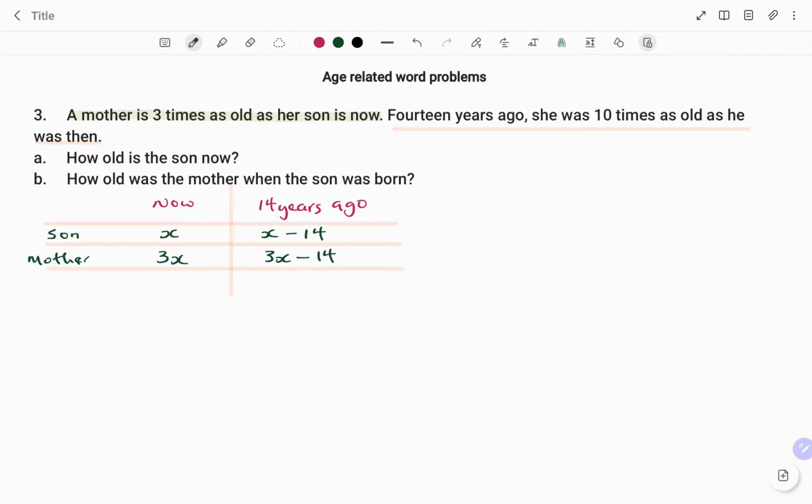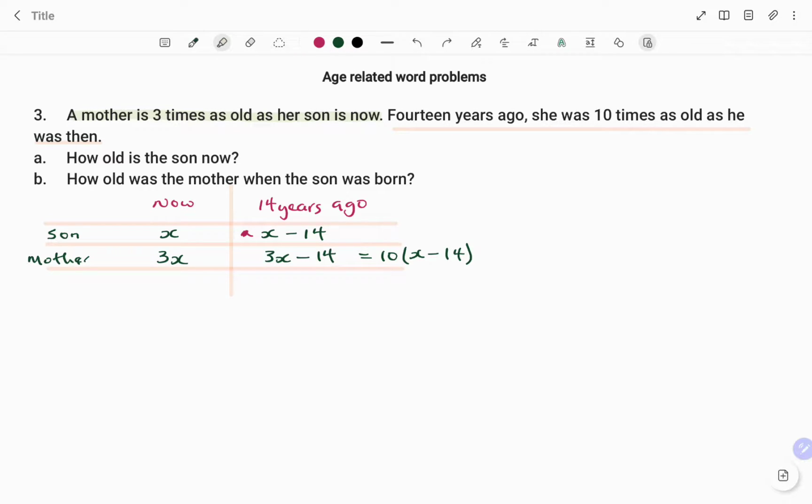But we've been told that she was 10 times as old as he was then. So that means the mother's age, which is 3x minus 14, will be equal to 10 times as old as he was then. Remember, then he was x minus 14. So that will be 10 times x minus 14.